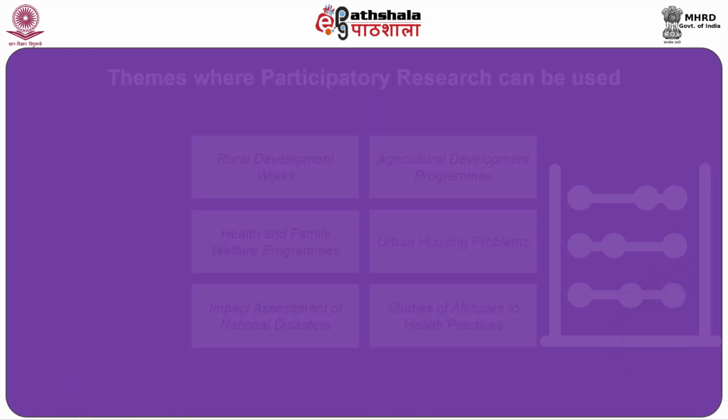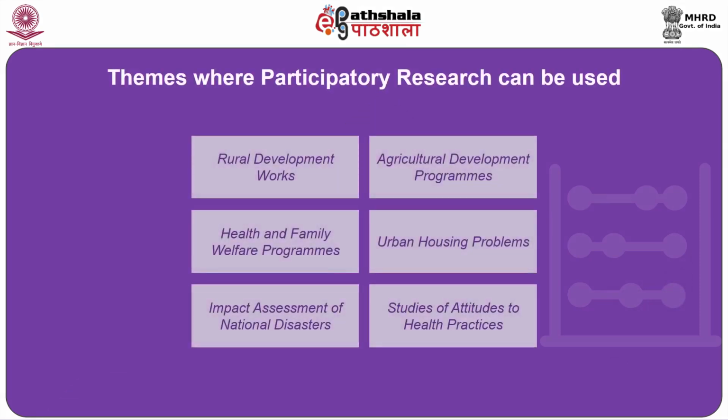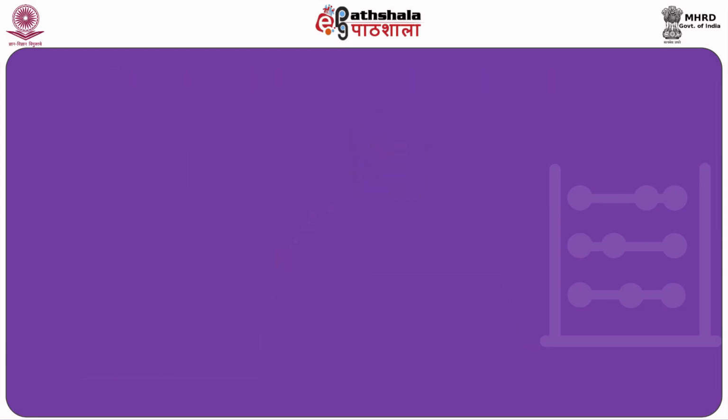Themes where participatory research can be used include rural development works, agricultural development programs, health and family welfare programs, urban housing problems, impact assessment of natural disasters, and studies of attitudes to health practices.